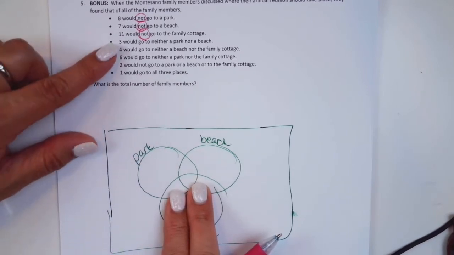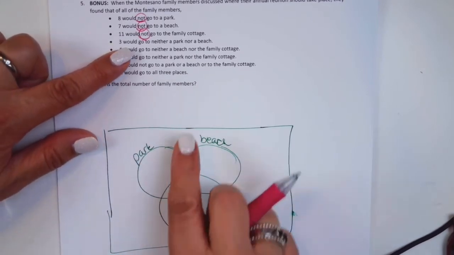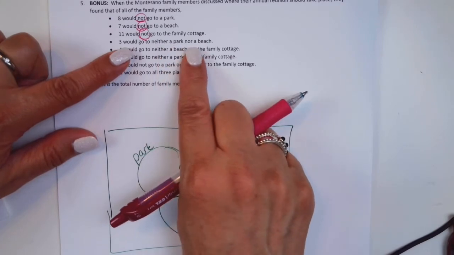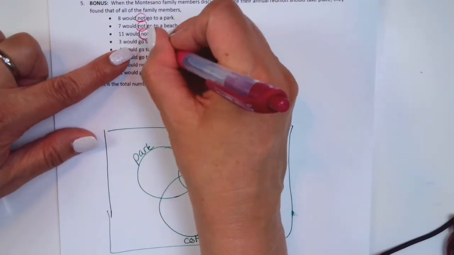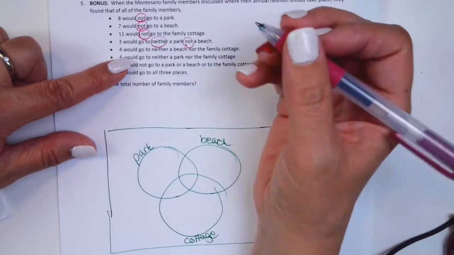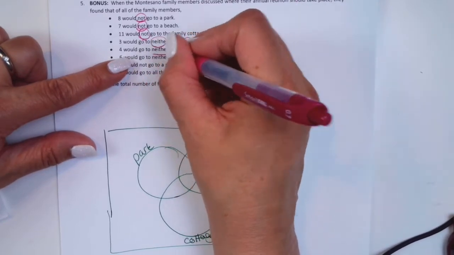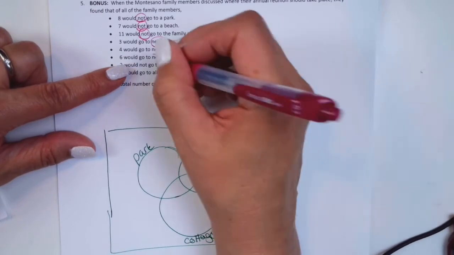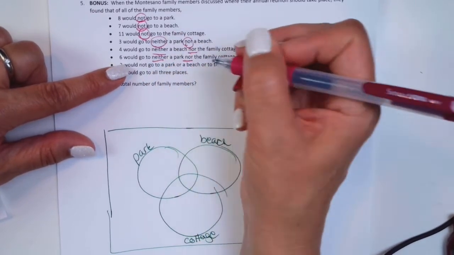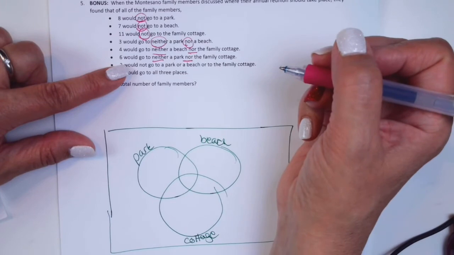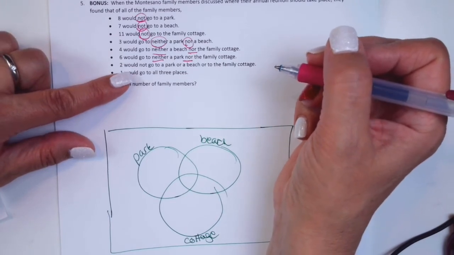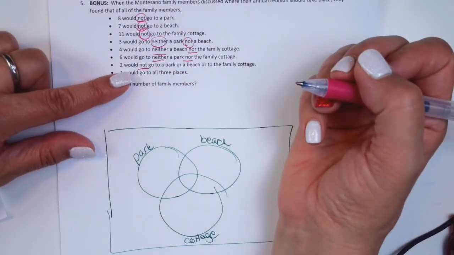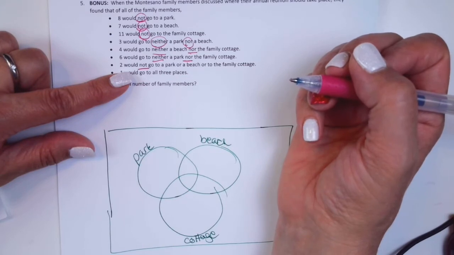So let's look at the next ones. 3 would go to neither a park nor a beach. Again, neither nor. 4 would go to neither a beach nor the family cottage. 6 would go to neither a park nor the family cottage. 2 would not go to a park or a beach or to the family cottage.